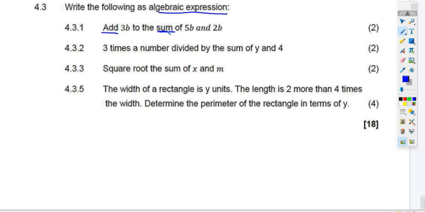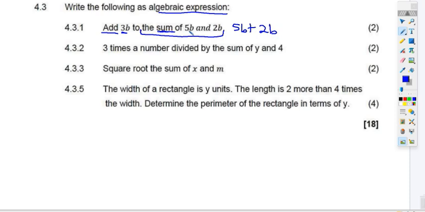So let's start with writing this one. We are adding 3b to something. So let's determine that something. That something is the sum of 5b and 2b. So we are saying 5b plus 2b. That's what this statement is telling us.